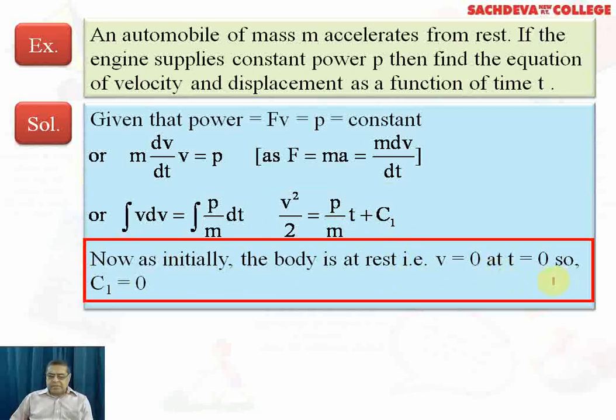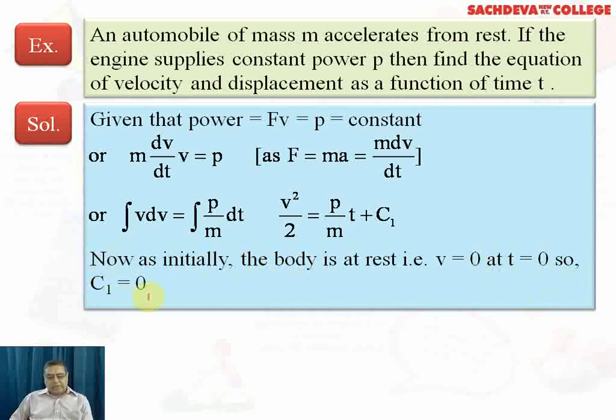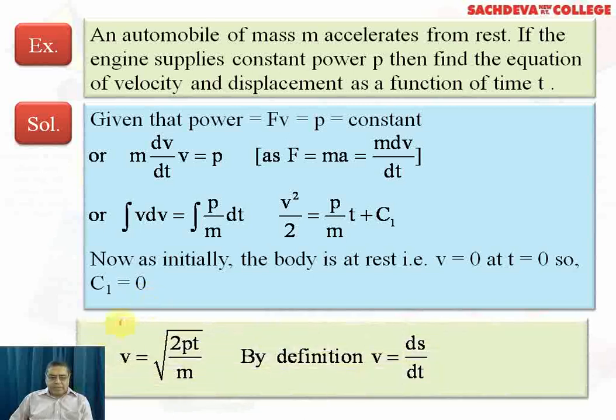So body at rest means initial velocity is 0 at t equals 0, so c1 is equal to 0. If c1 is 0, then v square over 2 must be equal to P over m multiplied by t. From this we make v the subject of the equation. So v square will be 2Pt over m, and then we take the square root, that is v is equal to the square root of 2Pt over m.